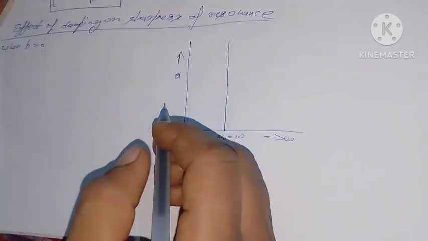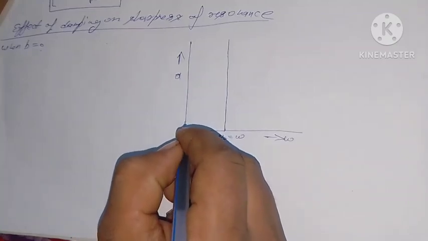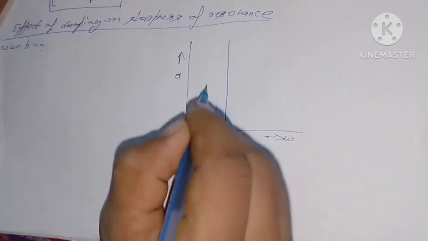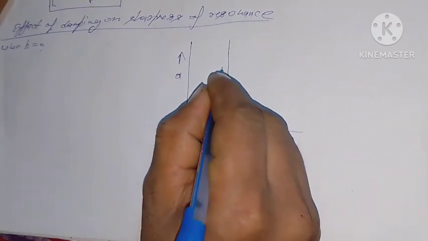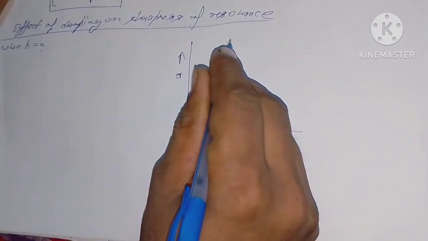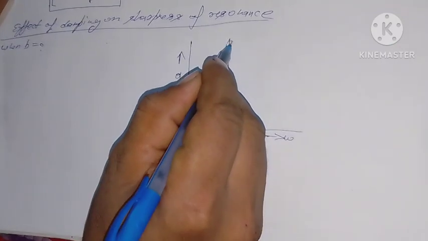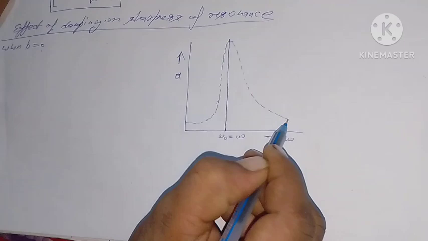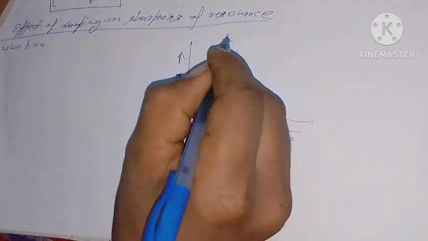The amplitude at resonance can become infinite. You can show this figure. Okay, infinite, this is the first point.